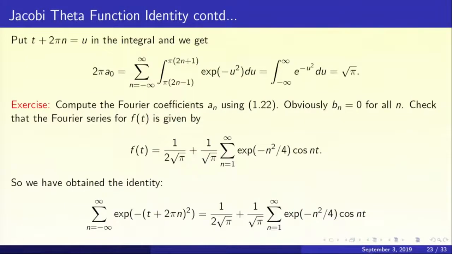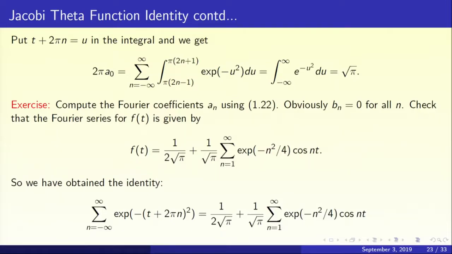Now in that integral, put t plus 2 pi n equal to u in the integral, and what happens when t is minus pi? U becomes pi times 2n minus 1. When t is pi, the upper limit becomes pi times 2n plus 1. dt equal to du straight away.